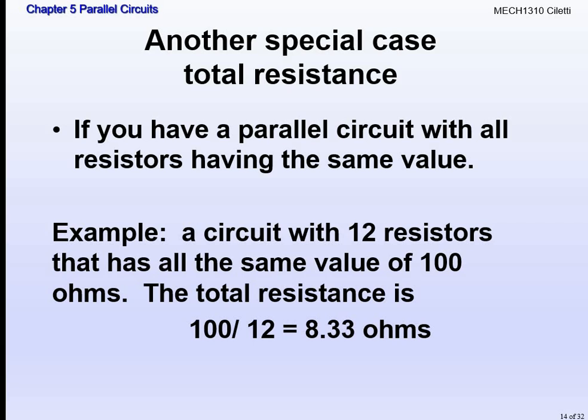So we've got a circuit with 12 resistors that are all 100 ohms. I can take 100 ohms and divide it by 12 and know that the total resistance will be 8.33 ohms. Please, please, please remember, this only works when all the resistors in parallel are the same value.